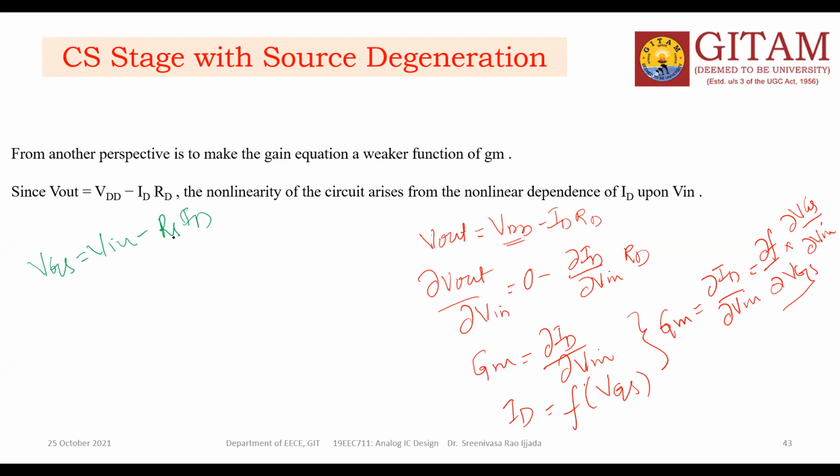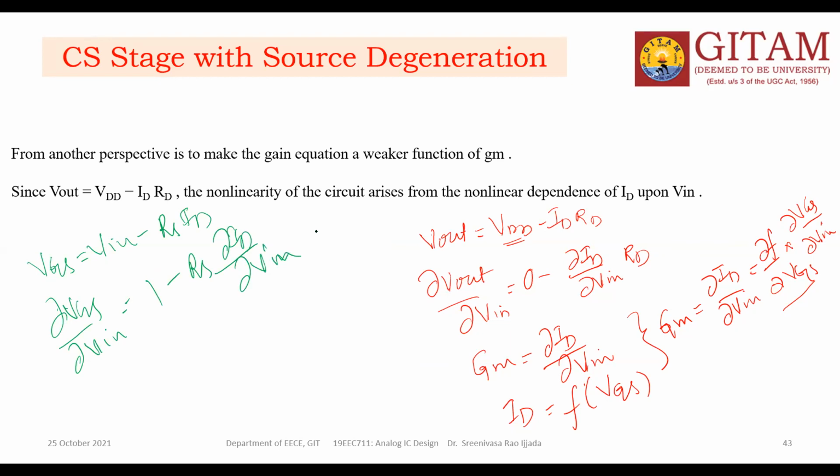So now differentiate this expression: ∂VGS by ∂V in is equal to 1 minus RS multiplied with ∂ID by ∂V in.